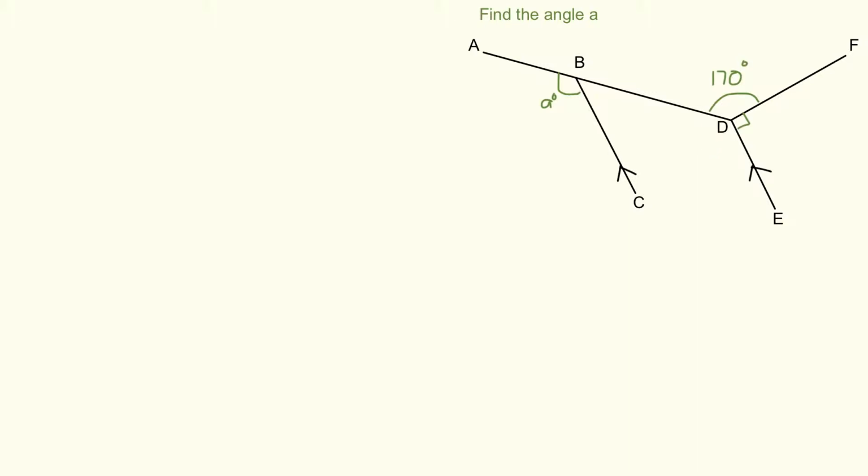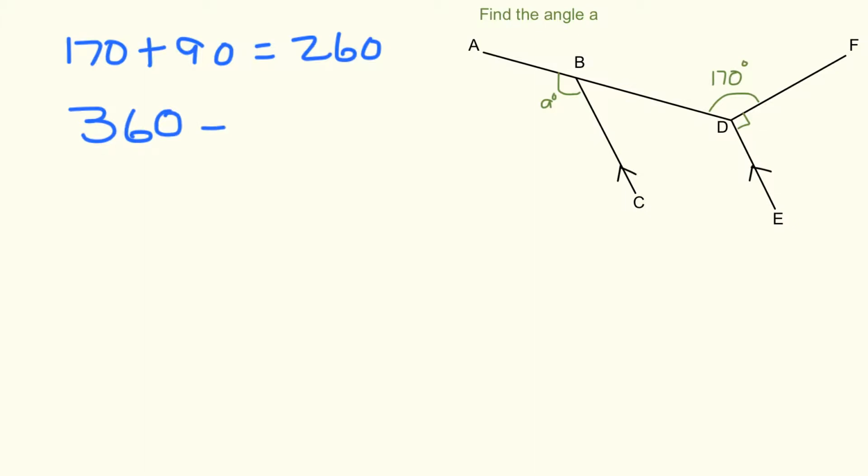So we have 170 plus 90 equals 260 degrees. And I know a revolution is 360 degrees. Subtract the 260 degrees that I've just worked out, which means I have 100 degrees left. Therefore, this angle over here, D, must equal 100 degrees.